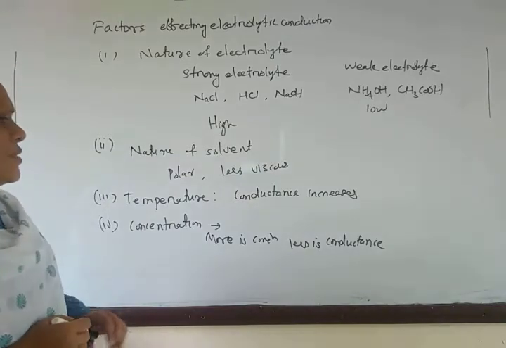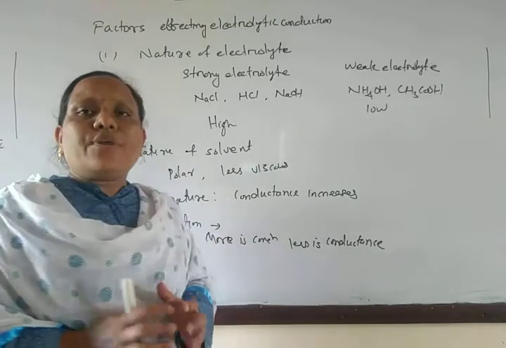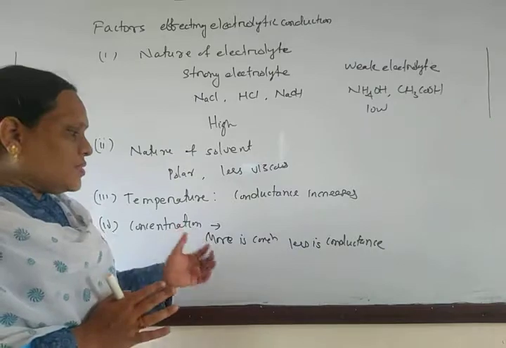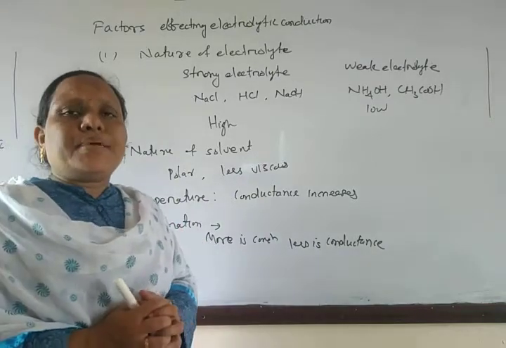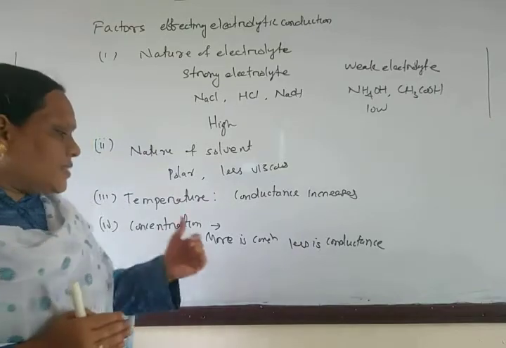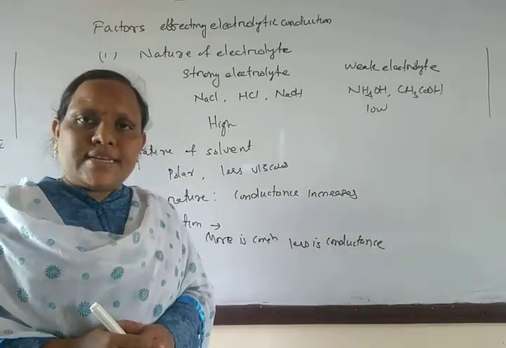Why does this happen? For weak electrolytes, if the concentration is high, the ionization becomes less. Hence, conductance power is very less.